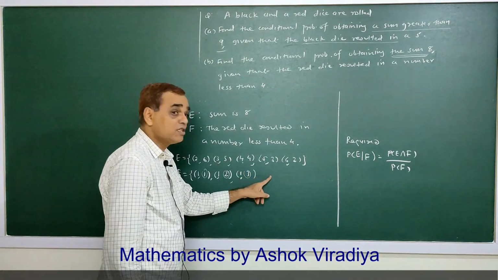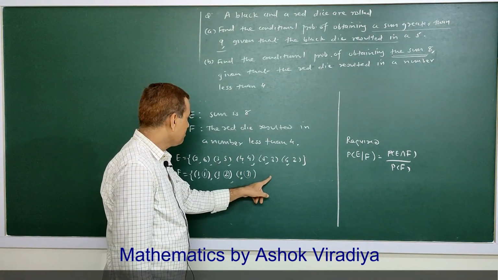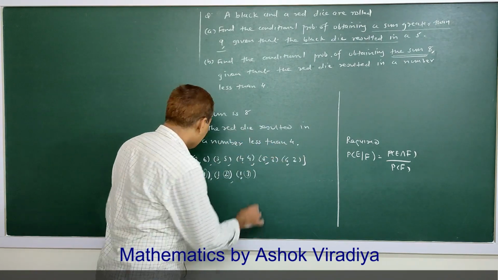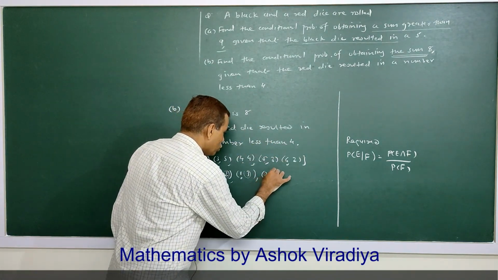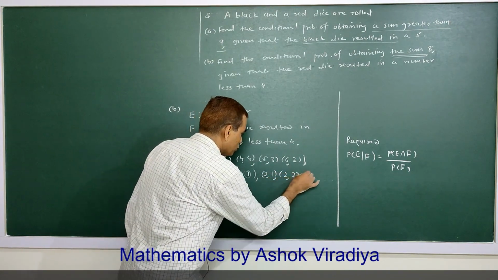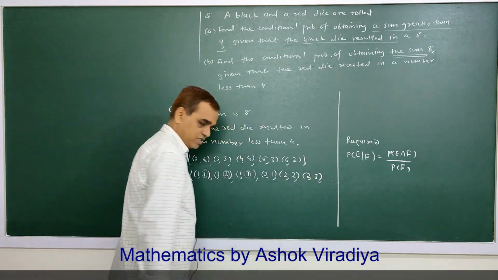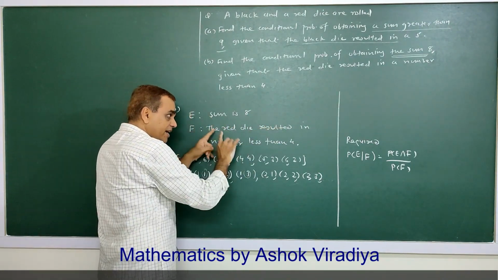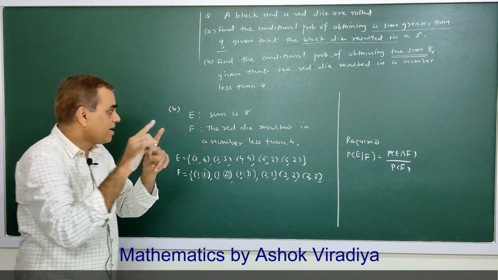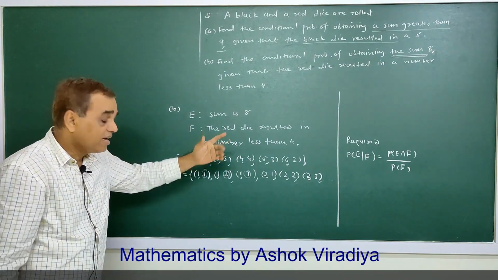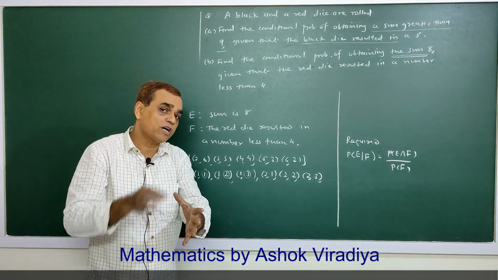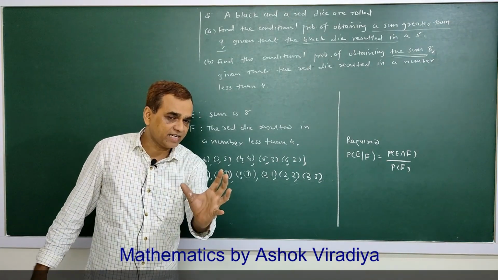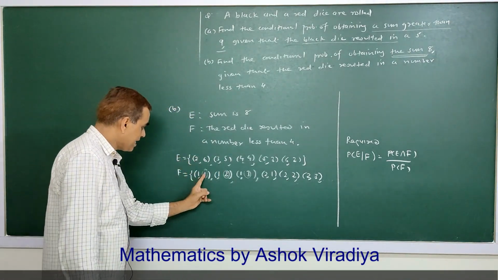But 1,4 is not allowed because the red die must show a number less than 4. Similarly 2,1, 2,2, 2,3. Focus only on the red die, that is, on the second element only, whatever the output from the black die.